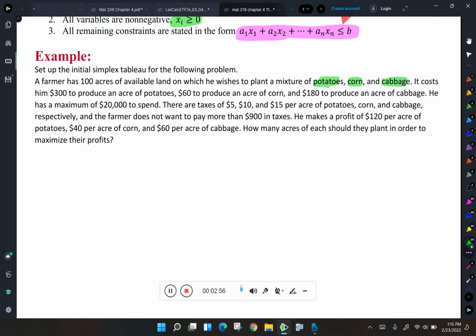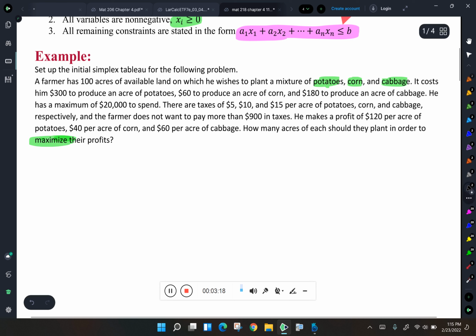There are taxes of $5, $10, and $15 per acre on the potatoes, corn, and cabbage, and the farmer does not want to pay more than $900 in taxes. He makes profit off of selling his stuff: $120 per acre of potatoes, $40 per acre of corn, $60 per acre of cabbage. How many acres should they plant in order to maximize profits?